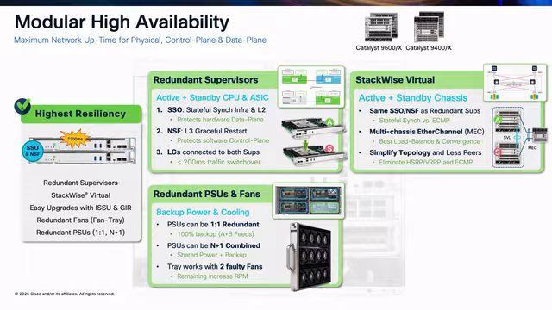Now, another one, I said HA is not just a feature that you turn on, but many different things mixed together. Another very important part for your design decisions is power and cooling, okay? So there's also power redundancy. This is actually very common in Europe to have 2 different power feeds. You'll have one electrical power input from one circuit, and you'll have a different power input from a second circuit.